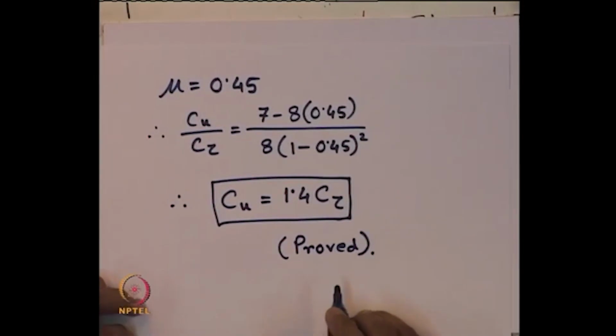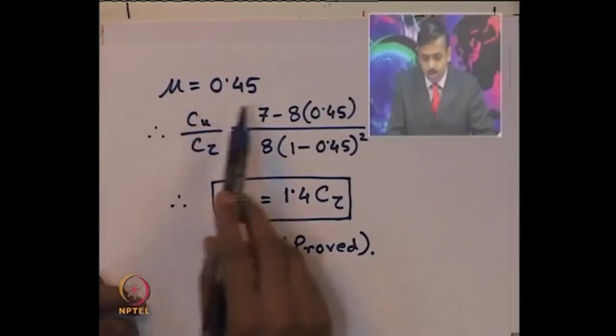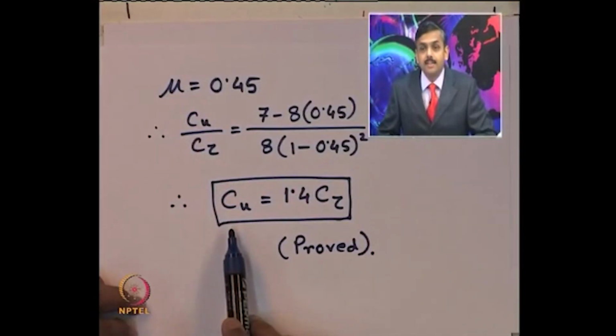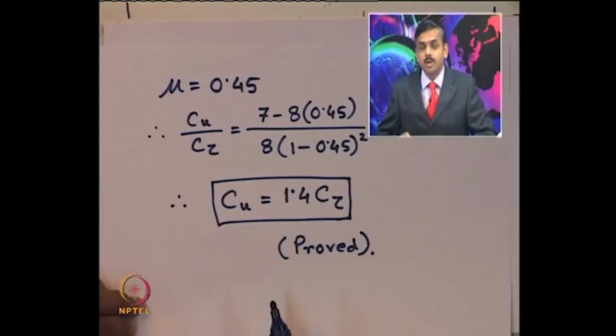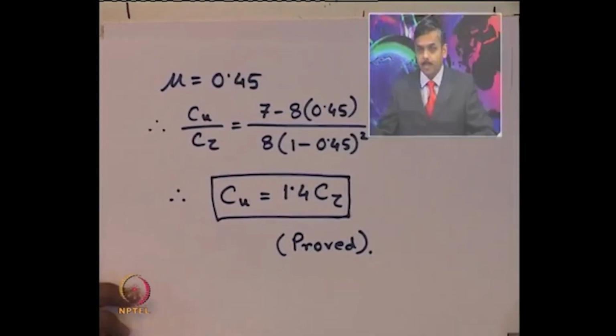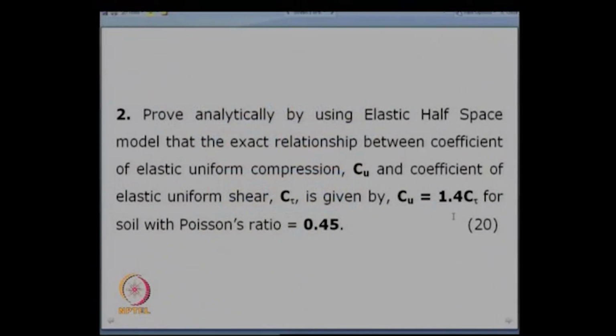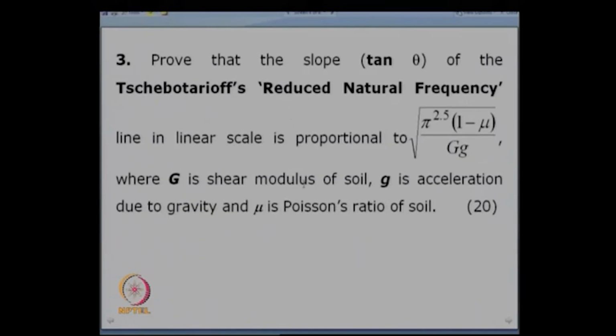So, this shows that for a particular value of Poisson's ratio, an exact expression or relationship exists between these two parameters C u and C tau, which is established here. So, this is proved already, that is the solution of question number 2. Let us see what is there in question 3.